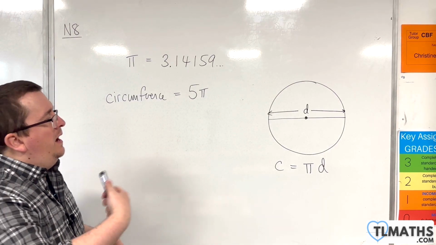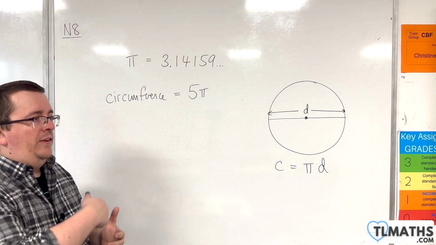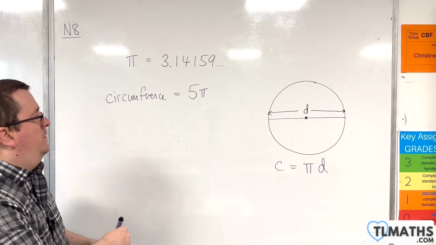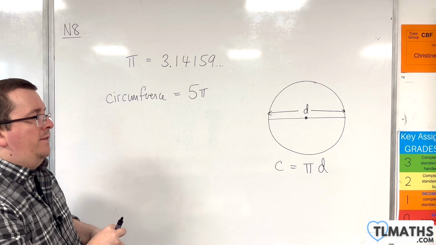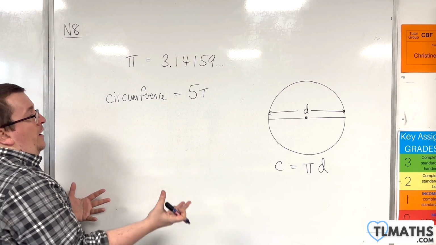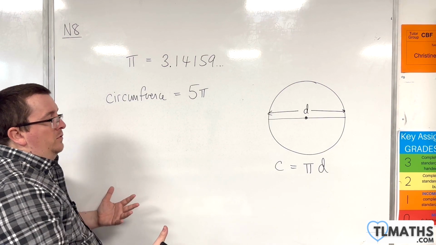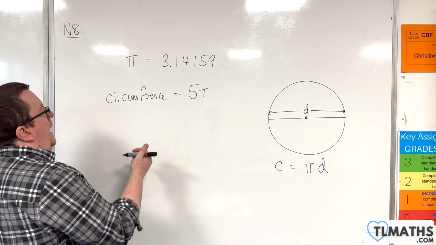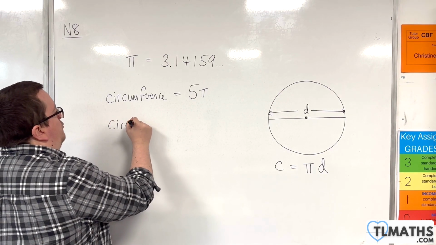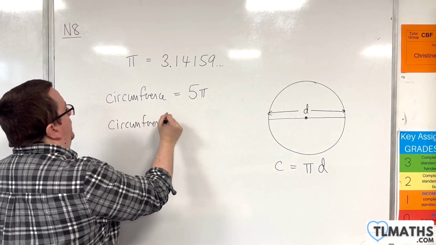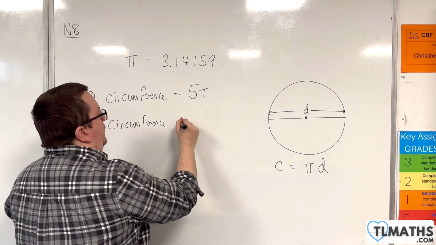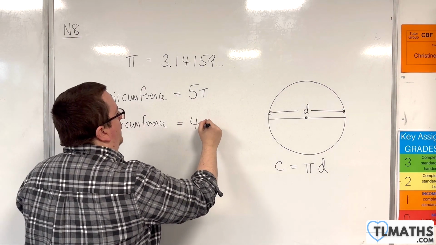So what it becomes is this letter that we have within a calculation, where I might have, let's say I've got another circle which has a diameter of 4, and so the circumference of the second circle, so let's say that's circle 1, this is circle 2, and the circumference is equal to 4 pi.